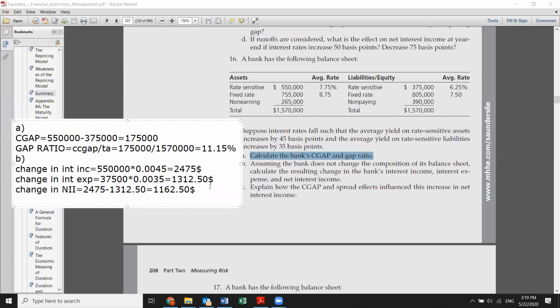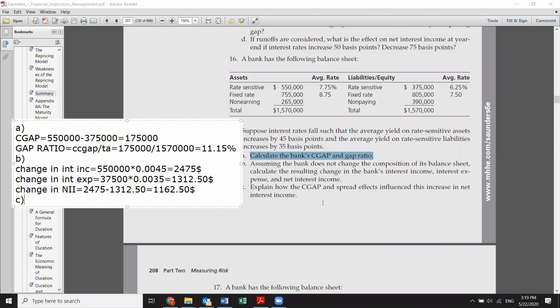Okay, let's move to the part C. Part C, explain how the cumulative gap and the spread effects influence this increase in net interest income. So cumulative gap effect works to increase the net interest income.